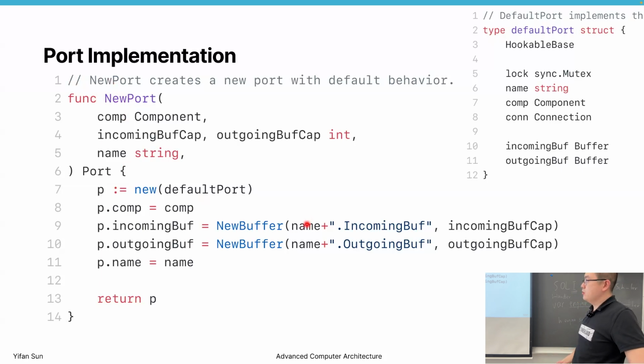Also in Akita, there's a naming convention. We name something as GPU 0, for example. It's all just an example, they don't really have to be GPUs. GPU 0, SA 1, CU 0, incoming buffer.